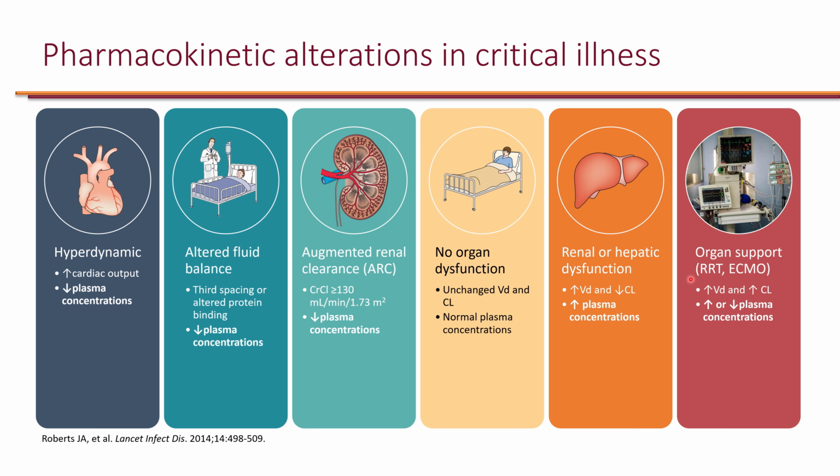But it also depends on the settings of the dialysis and how well it's clearing the drug. So you may have increased or decreased plasma concentration. And things like ECMO can increase volume of distribution, and sometimes the drugs can get attached to the equipment, so it can lead to reduced plasma concentration.